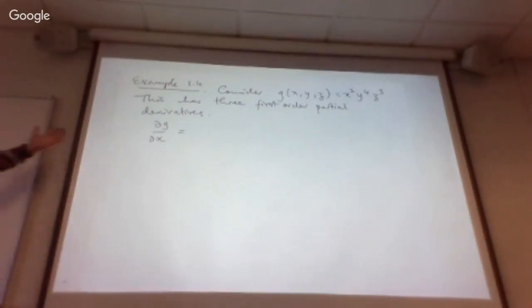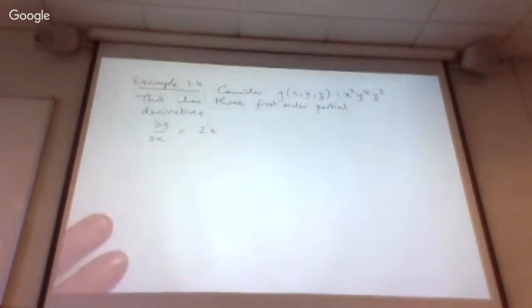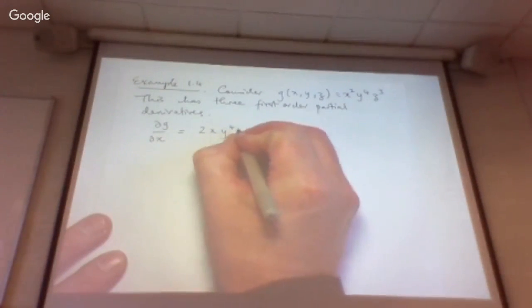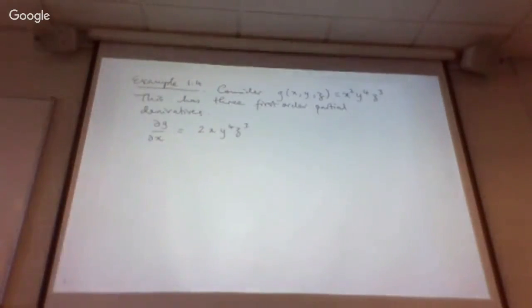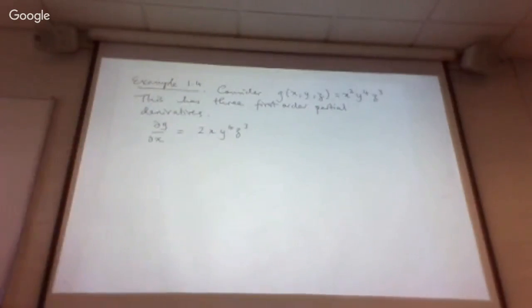So for the partial derivative with respect to x, you treat the other variables as if they were constants, and you differentiate the resulting function. The resulting function is just a constant times x squared, so it's just going to be 2 times x times whatever the constant is. The y to the 4 and the z cubed survive, multiplied by 2x.